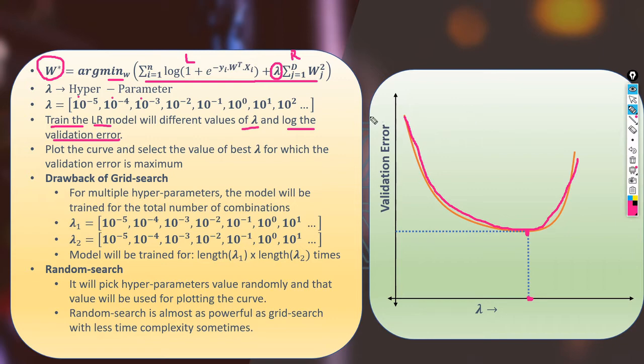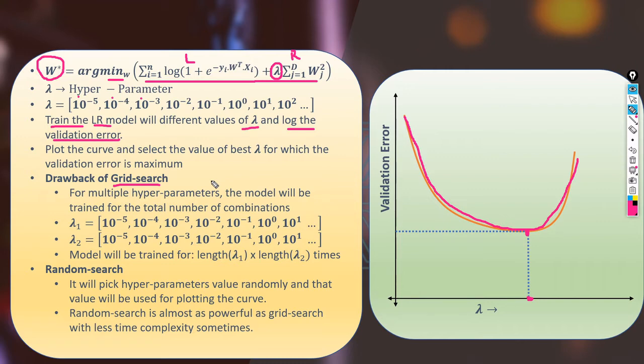Now there are two techniques you have to learn by which you can do this hyperparameter tuning. The first one is grid search. The name is kind of fancy, but it's similar to what I have explained just now.